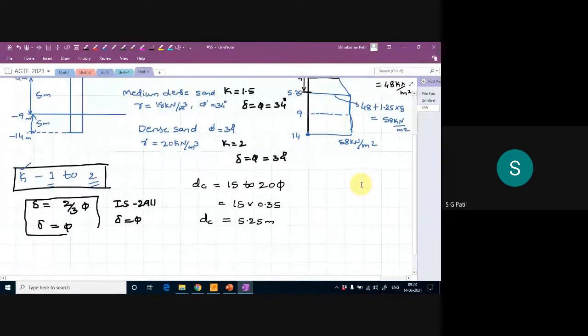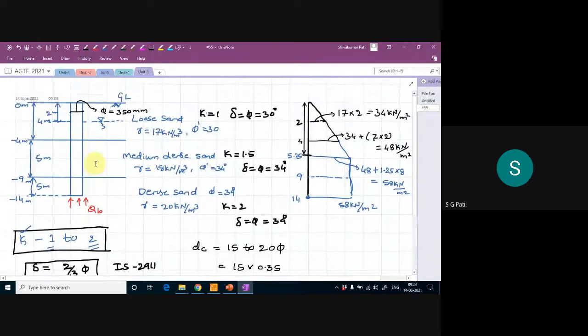Okay. Now, first I will calculate the end bearing. So whatever end bearing is there, that I will calculate. This is my QB, and this is my QS.